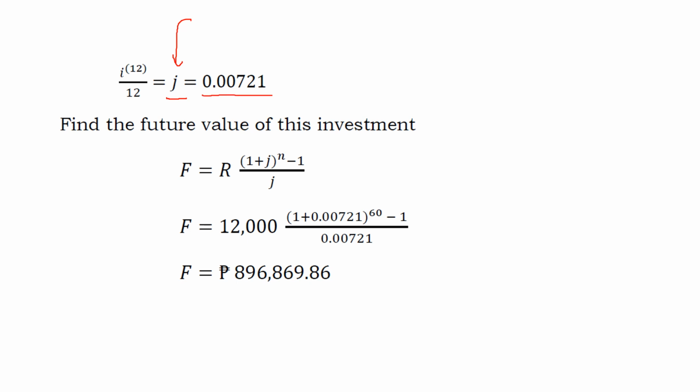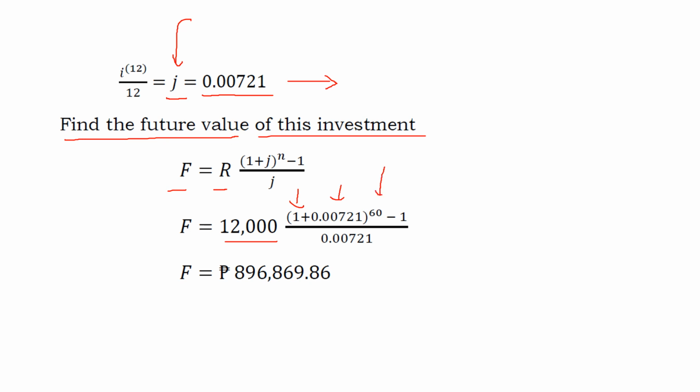0.00721. That will be the value. Now find the future value of this investment. The future value F is equal to R multiplied by 1 plus j raised to n, minus 1, over j. So we substitute 12,000, then 1, and 0.00721 as the value of j, which is compounded monthly, raised to 60.